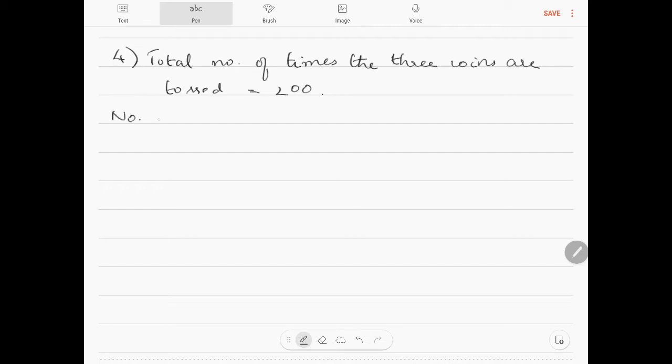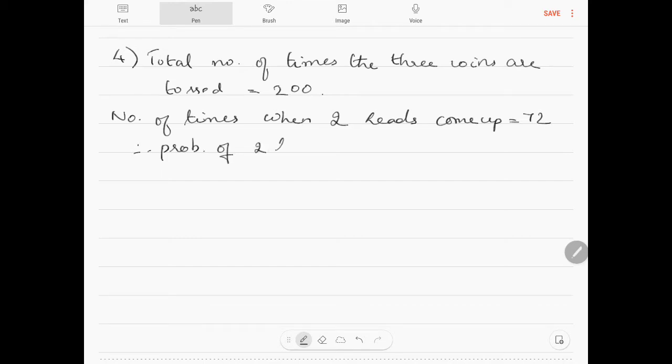So the number of times when 2 heads come up is 72 from the table given. Therefore the probability of 2 heads coming up is 72 by 200, which is equal to 9 by 25.